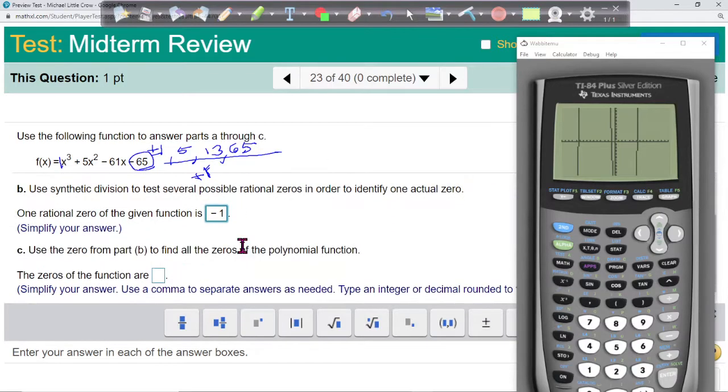Okay. Now for this one, use a zero from part 1 to find all the zeros. Now you could do it with synthetic division. I like to just do it here, second calc. Let's find the zeros. And to do this, it asks for a left bound, so we have to get over here.